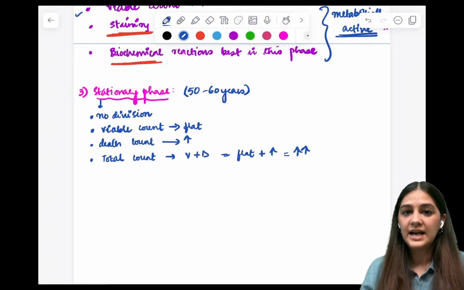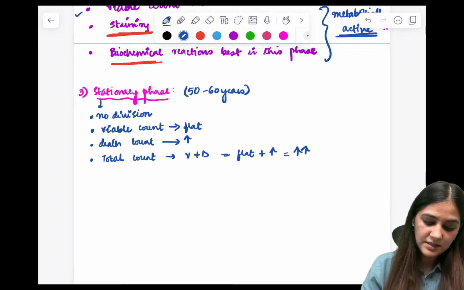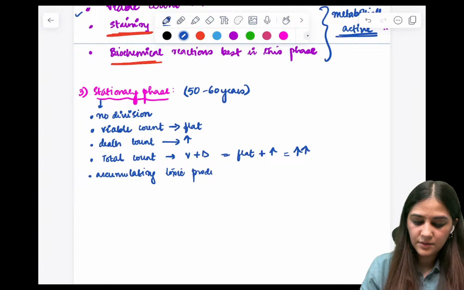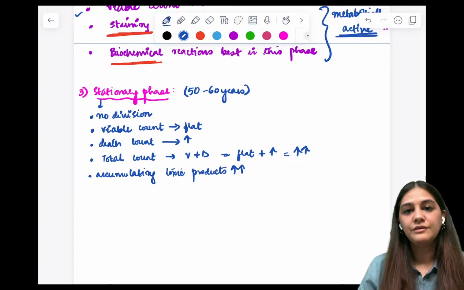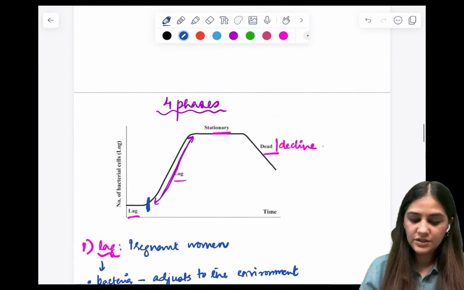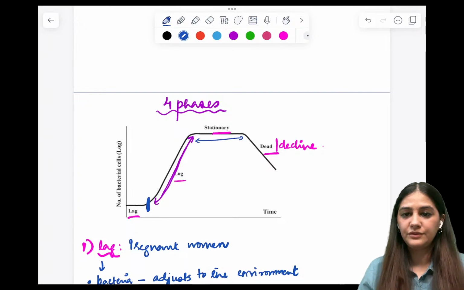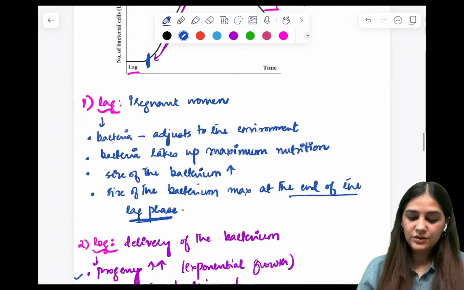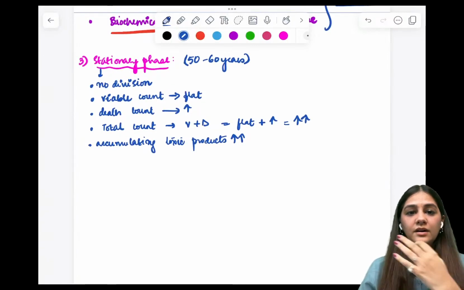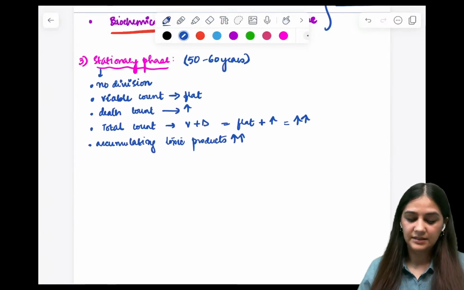Even for a bacteria, as it's growing older, it starts accumulating a lot of toxic products. So accumulation of toxic products increases at the age of 50 to 60 years, and that is the phase of a stationary phase. So stationary phase is actually a plateau kind of a thing. It's like a flat line, right? So this is what stationary phase looks like. So there is a lot of accumulation of the toxic products at this age.